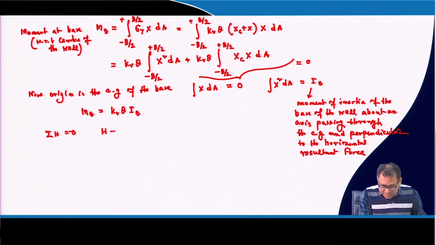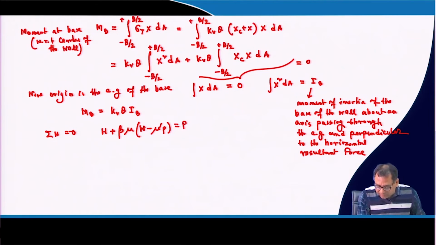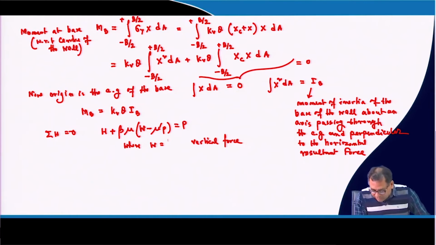So this is H plus beta mu W minus mu dash P, that will be equal to P. Now, W is the downward vertical force acting on the base.